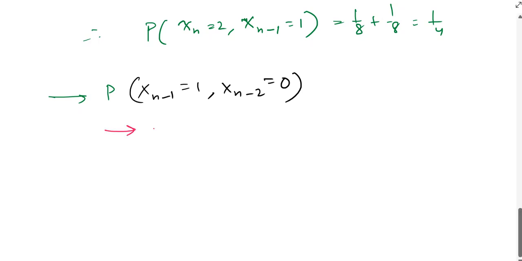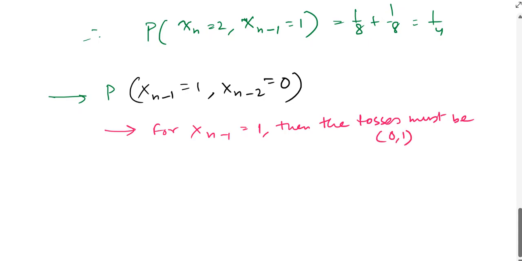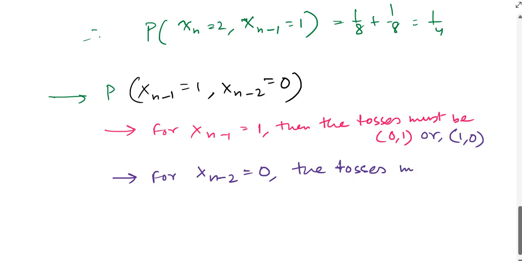For X(n-1) equals 1, the tosses must be 0 1 or 1 0, and for X(n-2) equals 0, the tosses must be 0.